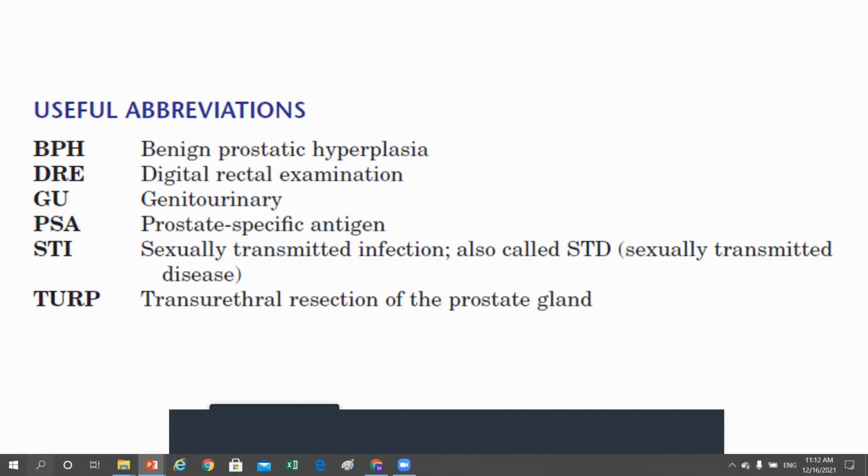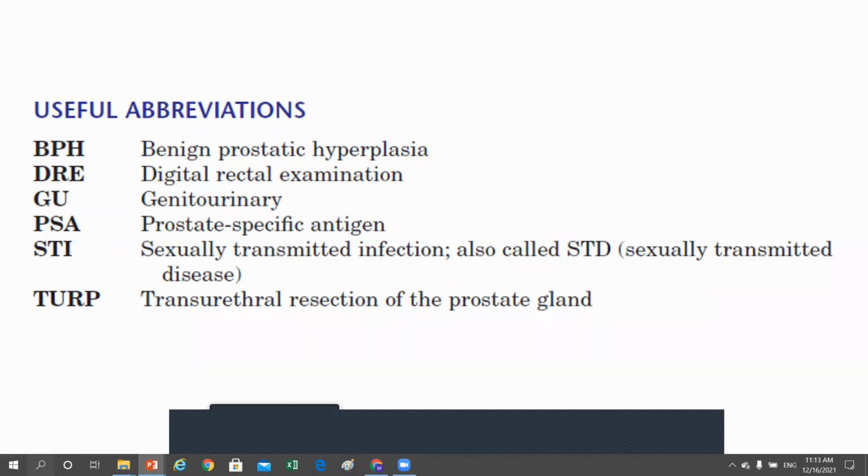But the best, easiest and cheapest method, which every doctor has to learn, is digital rectal examination with our finger through the last opening of our GIT system, the anal canal, anus. We can feel the size of the prostate gland. Some people write per rectal examination or digital rectal examination.